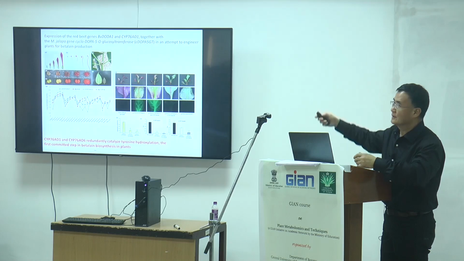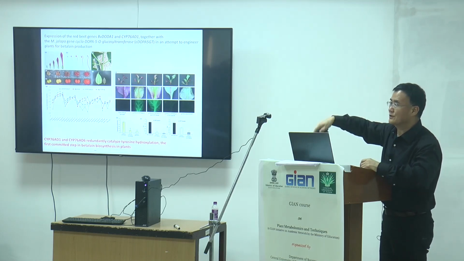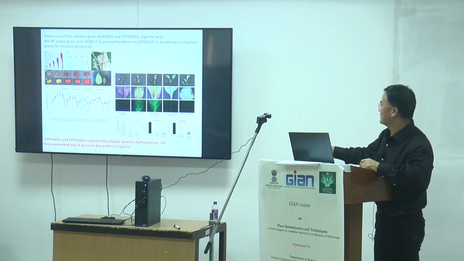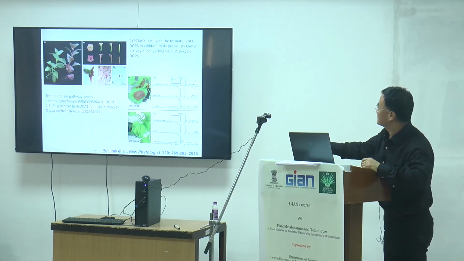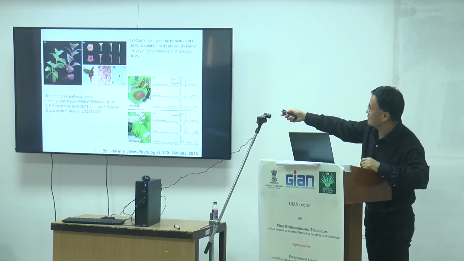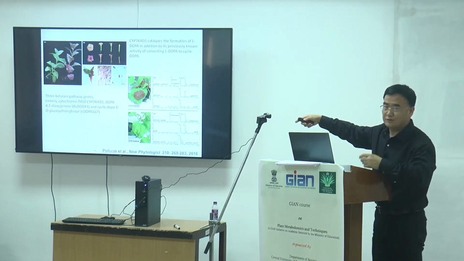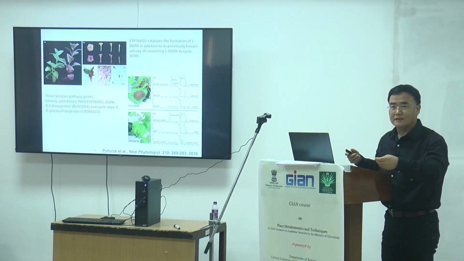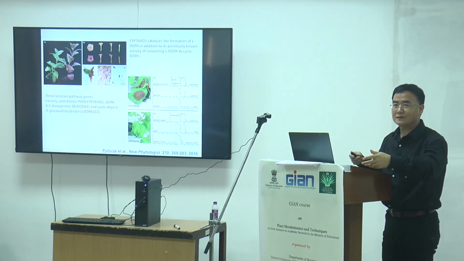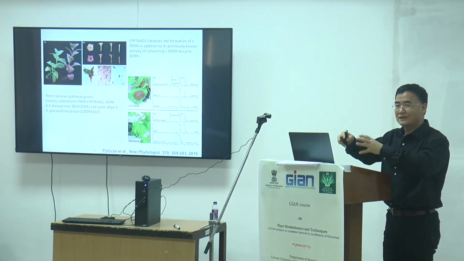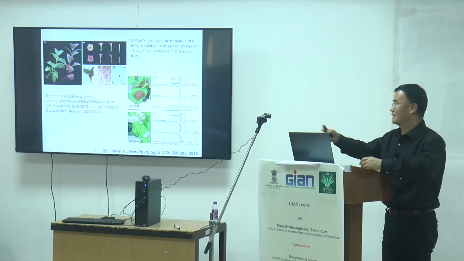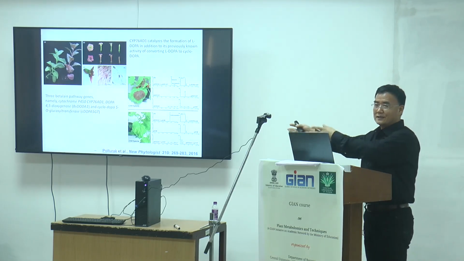So this actually demonstrates the downstream critical enzymes. They also made a transgenic plant overexpressing those three genes that causes accumulation of betalain in tobacco. That means you can regenerate or reconstruct the pathway in another plant.